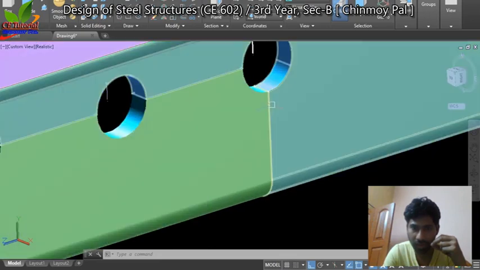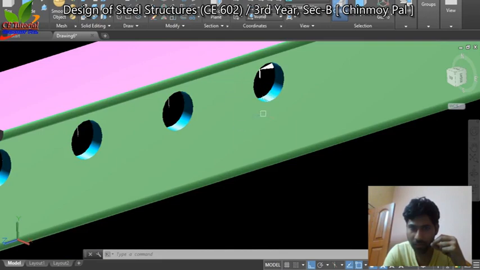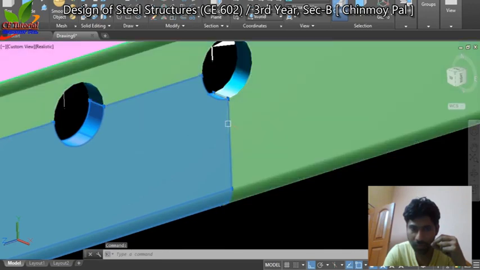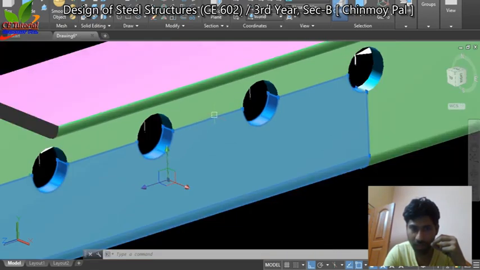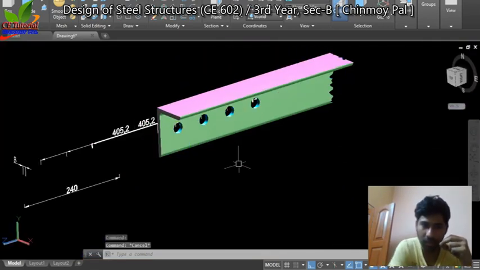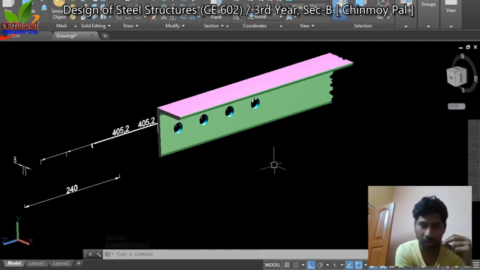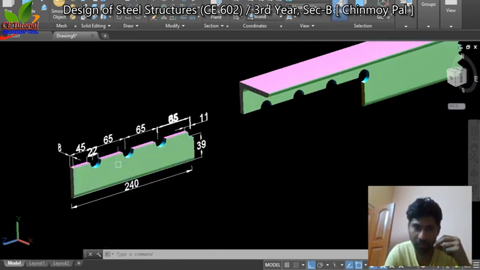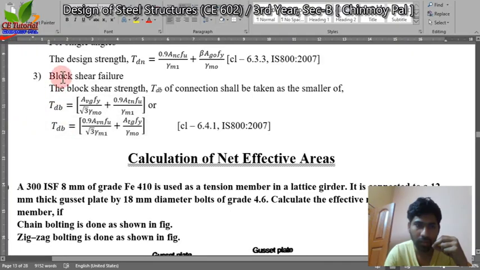So in this surface, this block will tear out by tension, and this part will tear out by shear simultaneously. So this block will remain at the same position of the connection, but this main member will tear out. This is block shear failure.